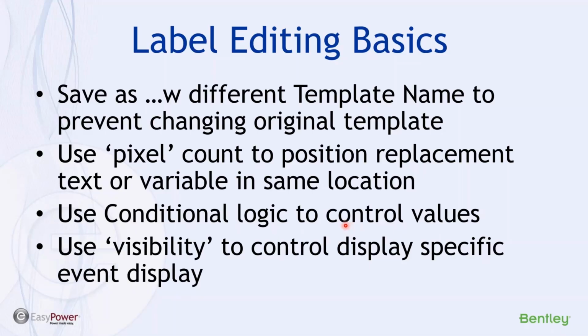And therein lies some uniqueness as far as what these tools can do versus typical label printing software. And then ultimately use the visibility logic to control specific events. And I'll show you, although I didn't use it in these cases, I'll show you what I'm talking about. And just a word to the wise, it's extremely useful.